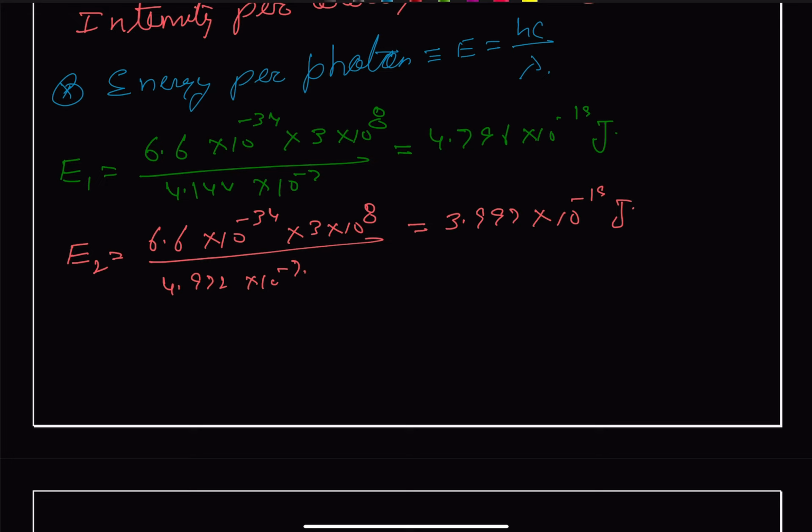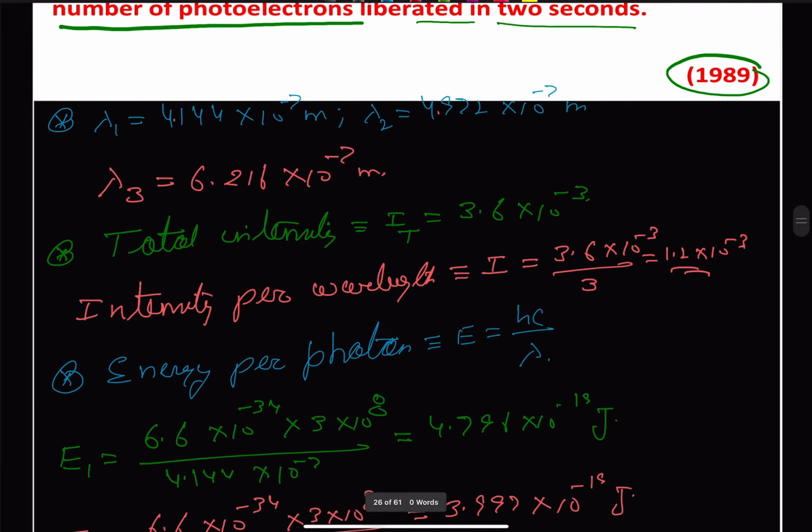And lastly is our E3. E3 is equal to 6.6 into 10 to the power minus 34 into 3 into 10 to the power 8 divided by, sorry, not 4.97, 6.216.